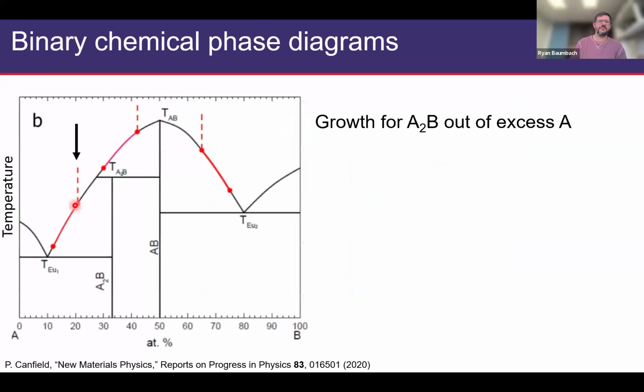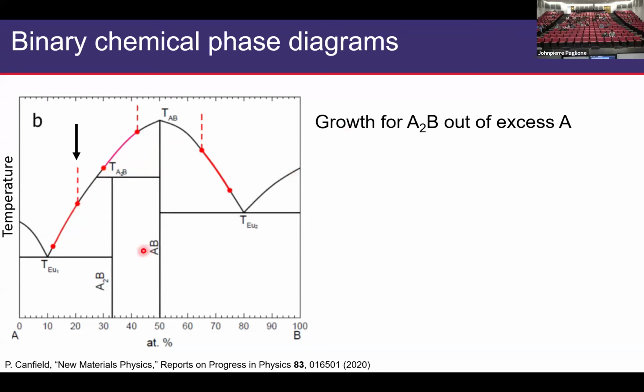All right, so now it does raise an interesting question though. Is there a way other than just reacting powders to produce one of these incongruently melting phases? And the answer is yes, right? That's illustrated here, where we can take advantage of the fact that when we encounter one of these horizontal lines, what it implies is that above it, a liquid and a solid can be in equilibrium with each other.